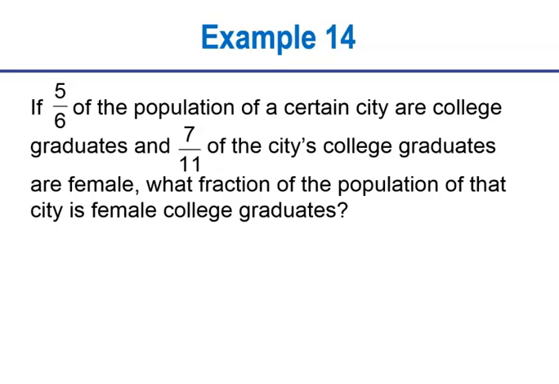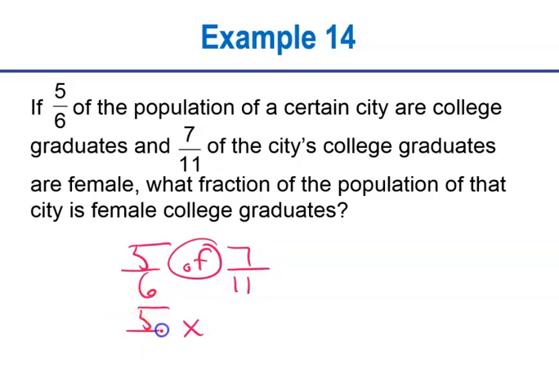What fraction of the population of that city is female college graduates? So 5/6 of 7/11. We could think about it that way. And especially when you're talking about fractions or rational numbers, when you say the word of, often that represents multiplication. So we're multiplying 5/6 times 7/11.